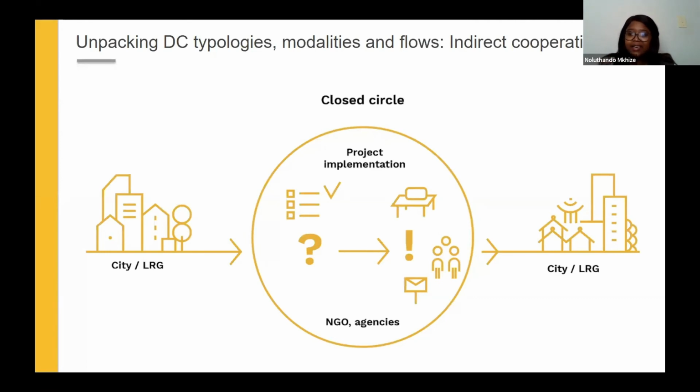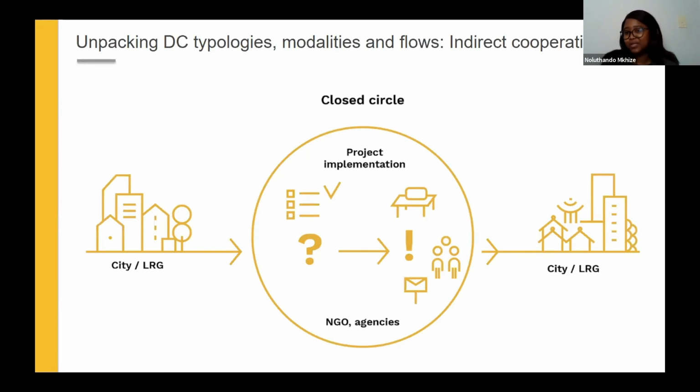And its key characteristic lies in its local associative fabric represented by NGOs, which is committed, mobilized, and strengthened, contributing to the development and greater social cohesion at the local level. And of course, some of the local and regional governments, especially the larger cities and federal countries, also use what is called delegated cooperation.